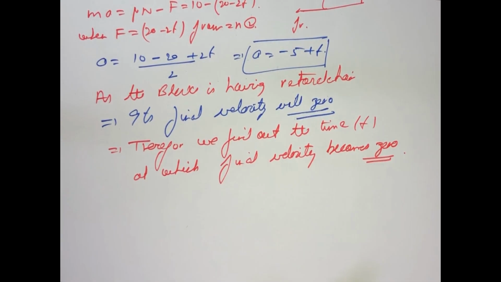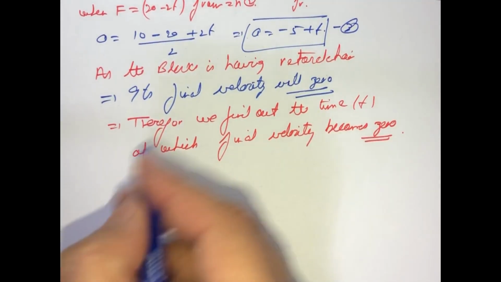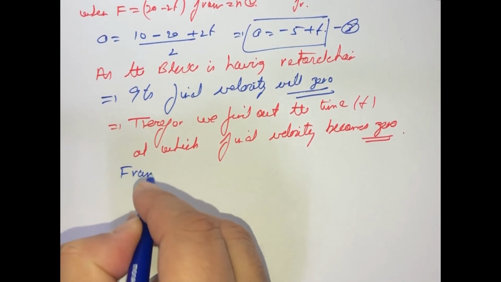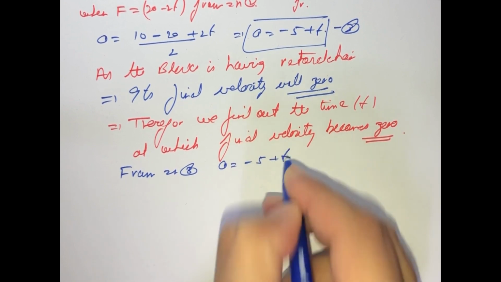So we know already the equation for acceleration. That will be equation number 3. So we can say from equation 3, a is equal to minus 5 plus t.